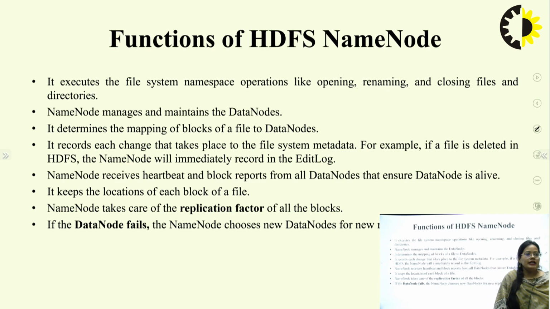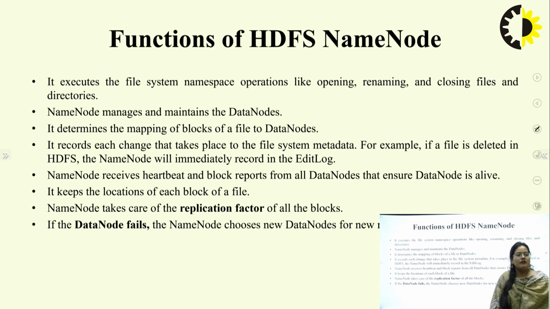Okay, so now the functions of the HDFS name node. A name node executes the file system namespace operations like opening, renaming and closing files and directories. Name node manages and maintains the data nodes. It determines the mapping of blocks of a file to data nodes. It records each change that takes place to the file system metadata.